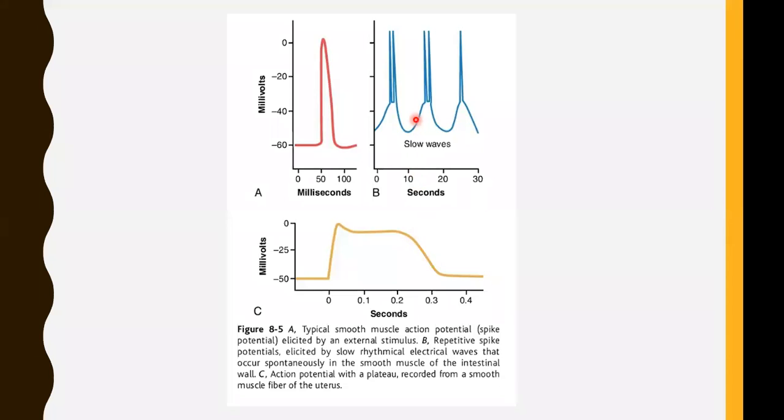The third type is that some of the smooth muscle fibers are extremely small. So there is no generation of a proper action potential. Those fibers are present in the arterioles, in the meta-arterioles, and in the precapillary sphincters.